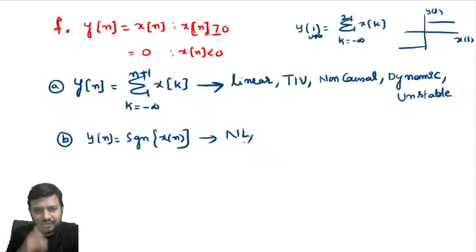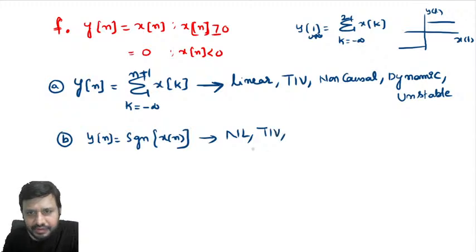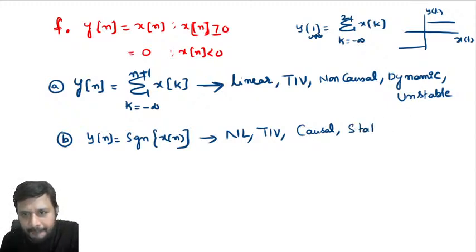Okay. Time invariant or time variant? If you observe the input-output relationship, input delay will be equal to output delay, so time invariant. Causal or non-causal? Causal. And static or dynamic? Static. Stable or unstable?